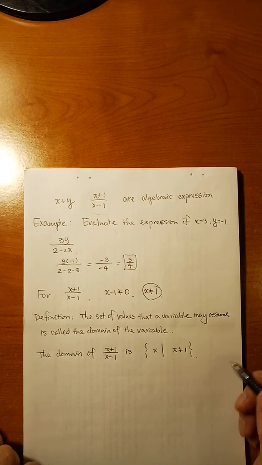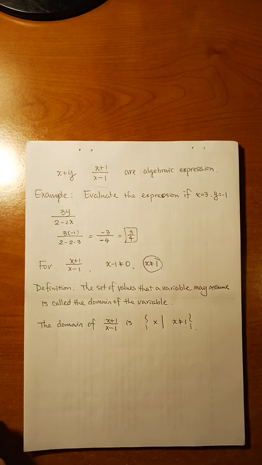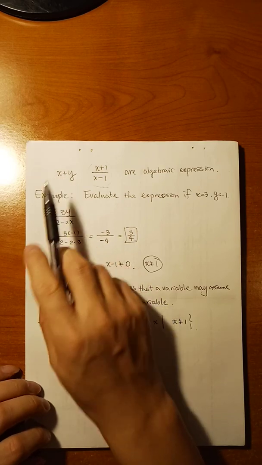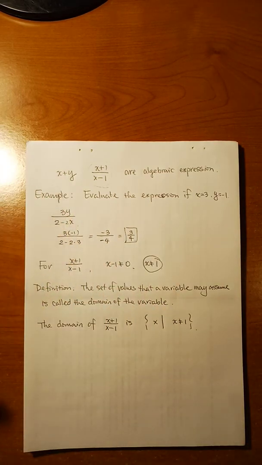When x is equal to 1, you get a 0 denominator. That's a problem. But if you have x plus y, x can be whatever number, y can be whatever number. So the domain will be all x and all y.